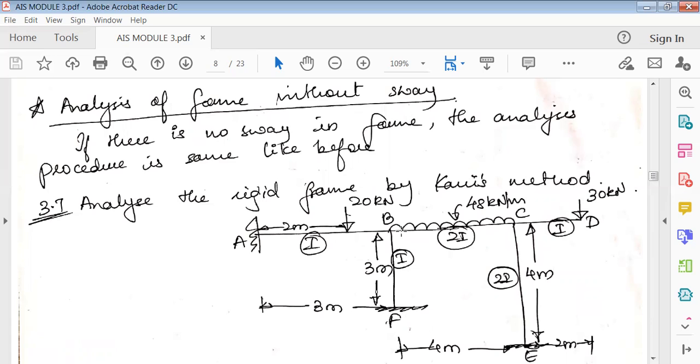What we're doing here is, B and C are the two joints which connect three members: B has BA, BF, BC; C has CB, CE, CD. So we'll find the stiffness and the rotation factor for joint B and joint C.